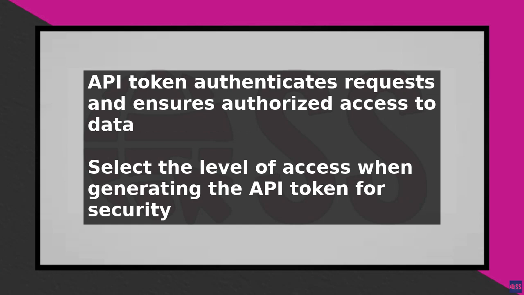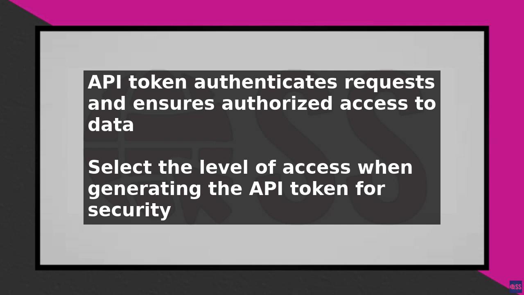The Oanda API uses a RESTful architecture, which means that you can use standard HTTP requests to interact with the API. The API endpoint URL will depend on the specific request you are making, but it will typically be in the format of HTTPS api-fxtrade.oanda.com.